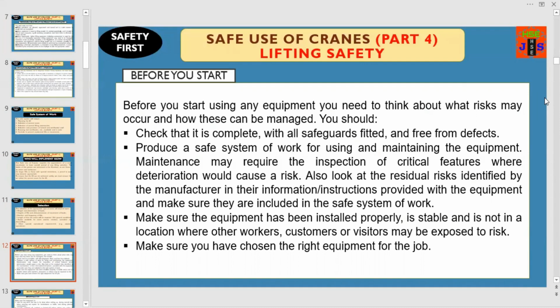Make sure the lifting equipment has been installed properly, is stable, and is not in a location where other workers, customers, or visitors may be exposed to risk. And make sure you have chosen the right equipment for the task.